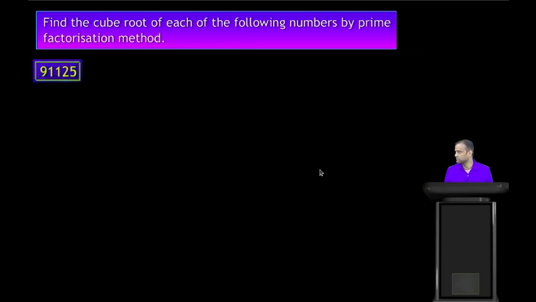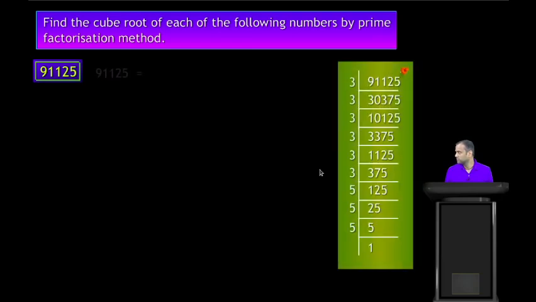For this one, the last digit is 5, so we can divide this number by 5. So it's so easy. Again, okay, first we can divide this one by 3. It is 91125, then it is 30375, and this is the prime factor of this number.